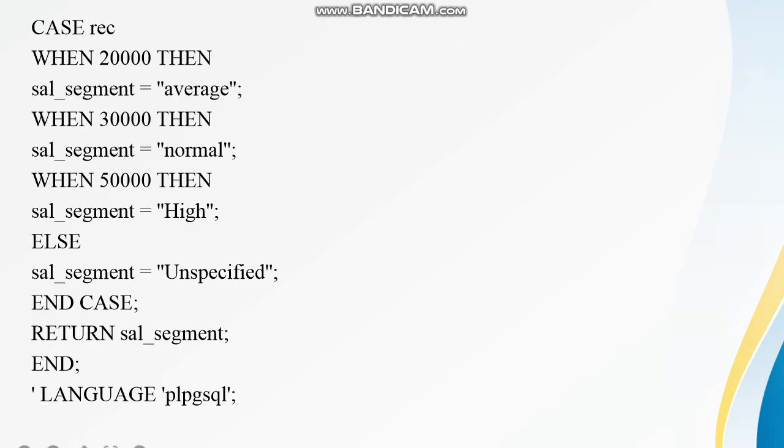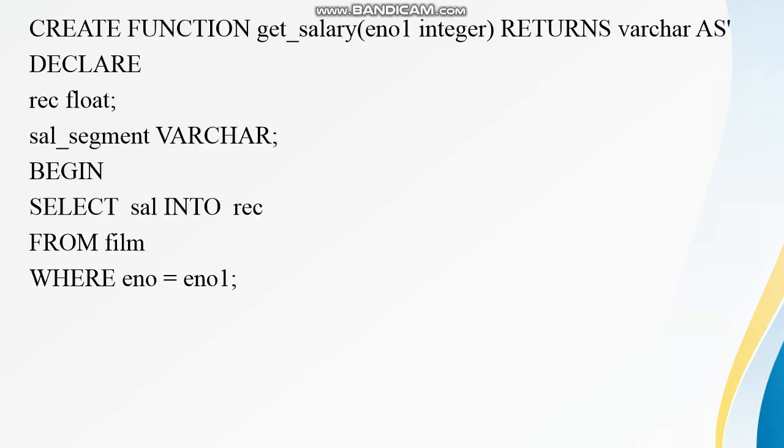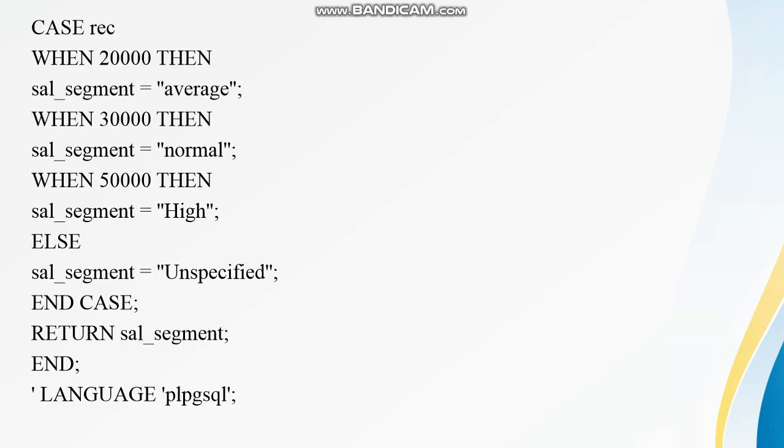So what is the case now? CASE rec: whatever value comes in the variable rec will be checked in every WHEN clause. WHEN 20000 THEN salary_segment equals 'average'.